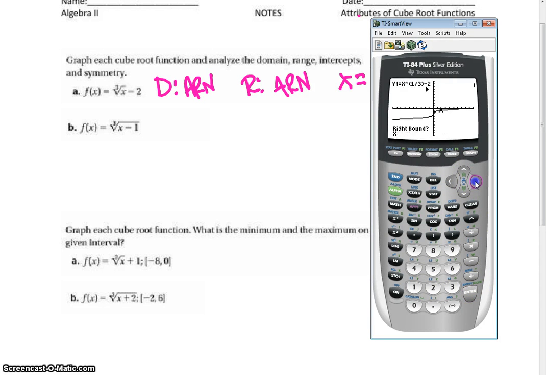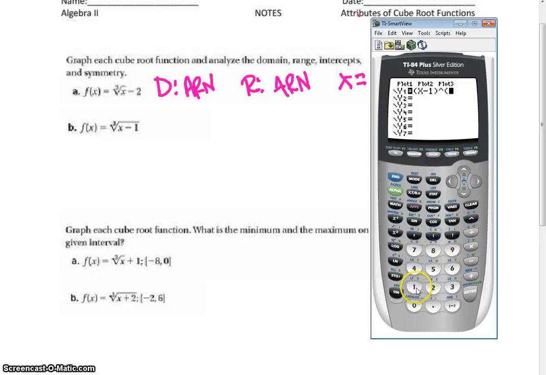Remember, we're finding the x-intercept, so you got to get across the x-axis, enter, enter. And it tells you that it is at 8. Okay, so now when you go to the next one, you're going to do open, x minus 1. You're going to do everything that was under that cubed root, x minus 1, close.